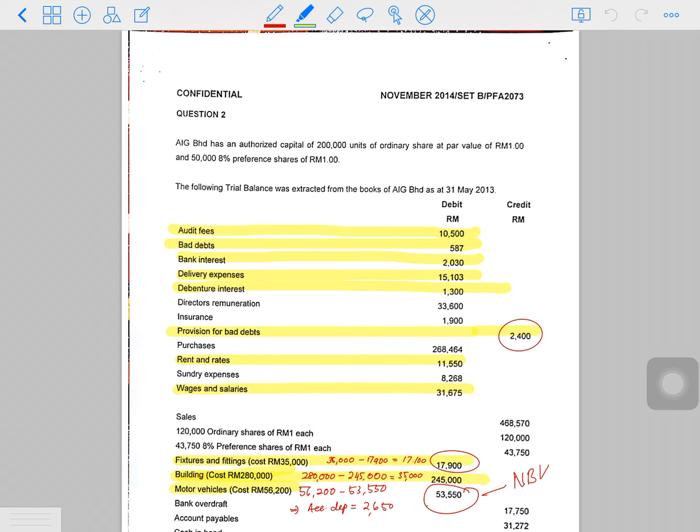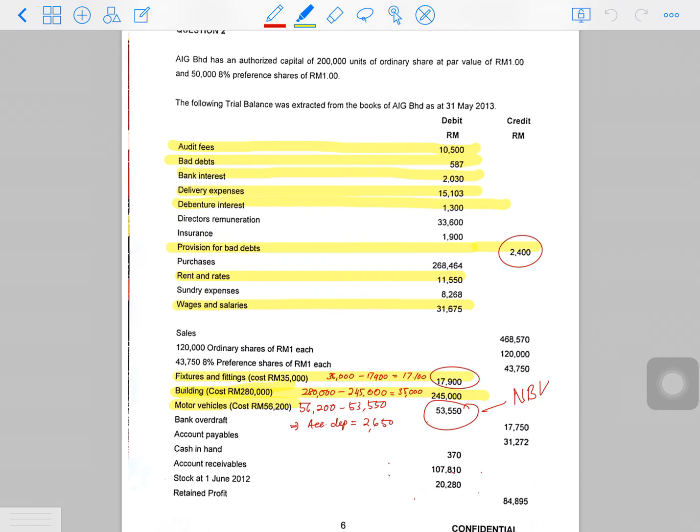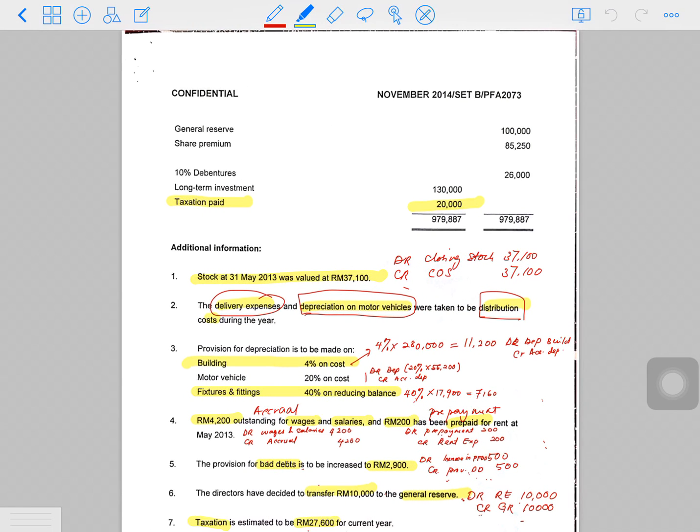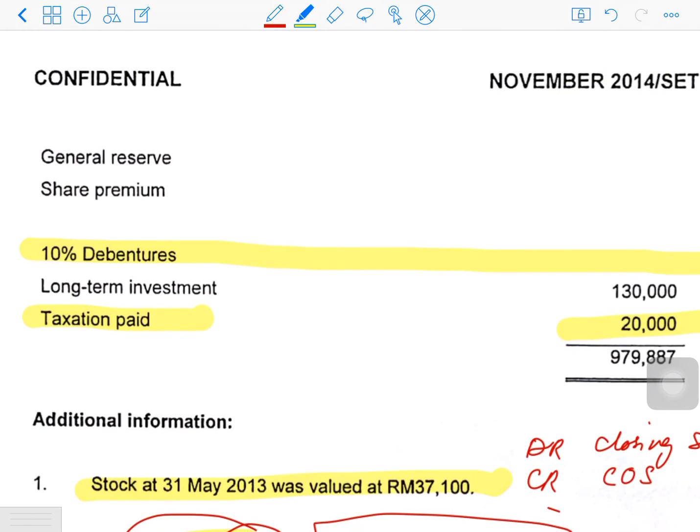For debenture you have to look at debenture. Here we have debenture 10%. 10% debenture 26,000, right? If it is 26,000, what is 10%? 10% times 26,000. How much interest do you have to pay? 2,600 per year.